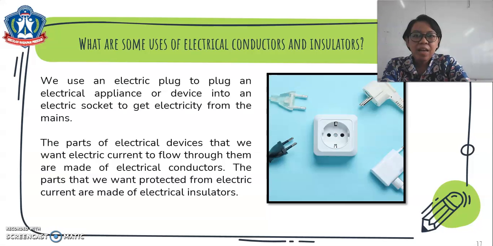We use an electric plug to plug an electrical appliance or device into an electric socket to get electricity from the mains. The parts of electrical devices that we want electric current to flow through are made of electrical conductors. The parts that we want protected from electric current are made of electrical insulators.